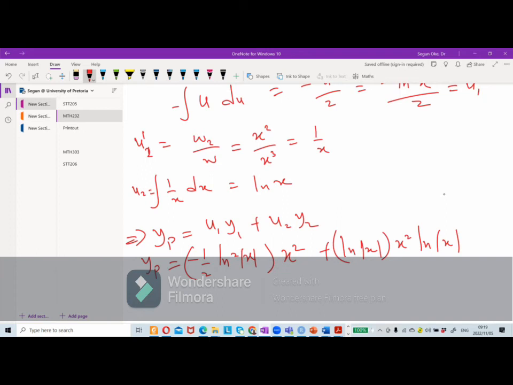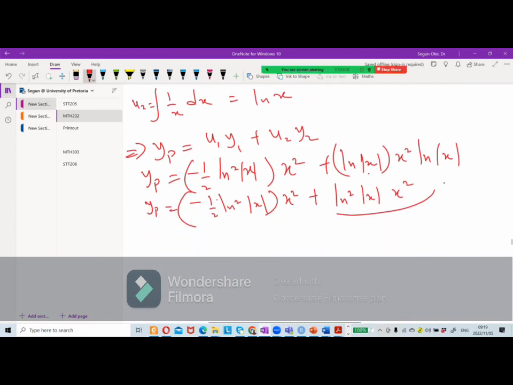So at the end of the day, we have the half of this. When you open this bracket, what do you have? Let me write it so that you can get what I wanted to do. Minus 1 over 2 ln squared x, plus, when you multiply this one with this one, you still have ln squared, right? So this is 1, this is 1 minus half. Are you getting it?